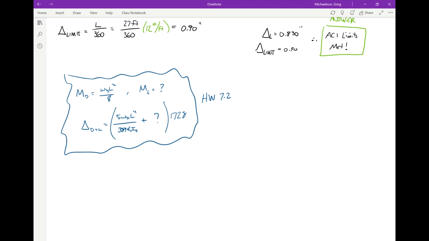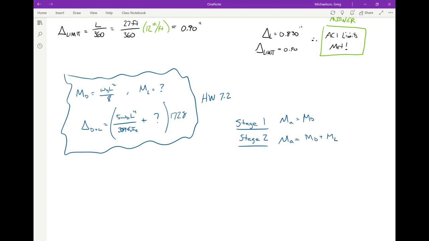If you go to the course content, do we find Ma the same way as we did for the example problem? Yeah, so you're going to have stage 1, Ma is MD, and stage 2, Ma is MD plus M live.